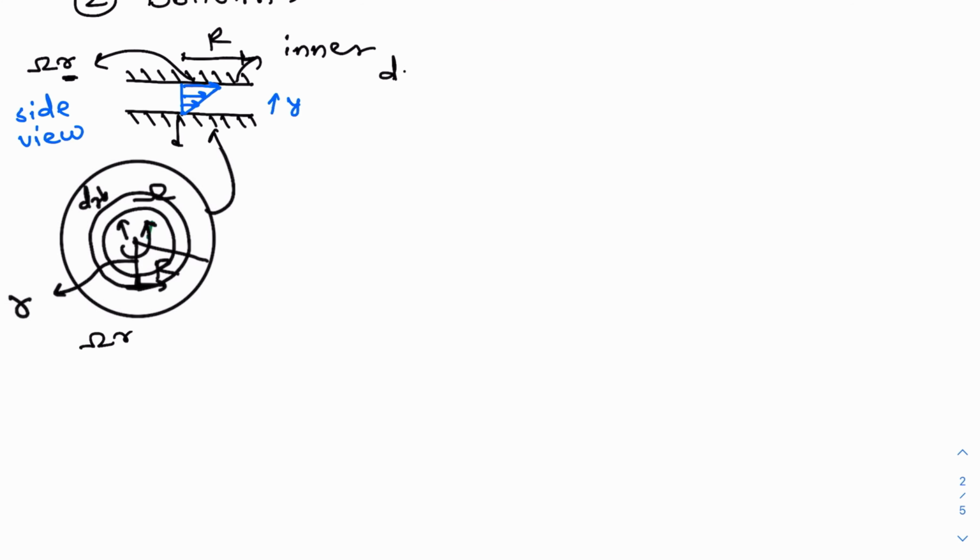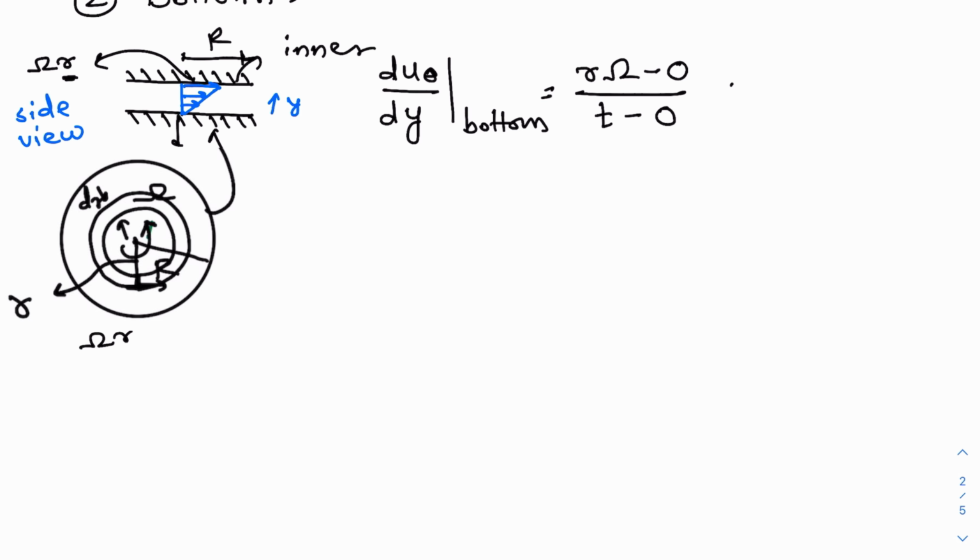So again, the velocity gradient du by dy at the bottom is r omega minus 0 divided by t minus 0, which is simply r omega by t.